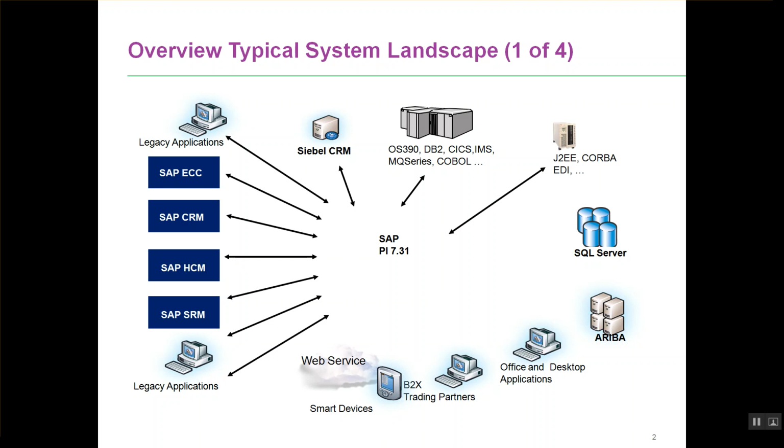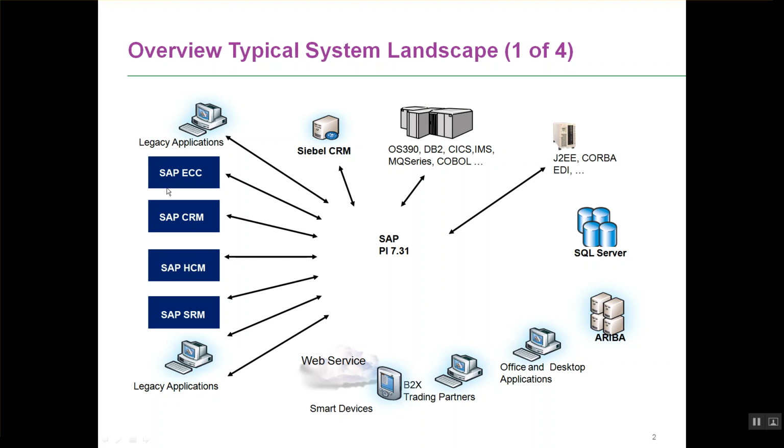The idea is that it's a telephone directory because PI is connecting to multiple systems, and PI is your integration platform. PI needs to know what all systems are there in the landscape, what the types of these systems are, what the physical IP addresses these systems are running on, and so on. So that information is provided to PI via the system landscape directory.